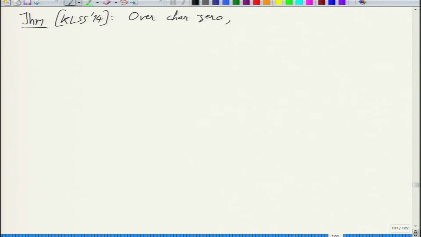So over characteristic 0, the homogeneous sigma pi complexity of the Nisan-Wigderson polynomial with parameters d, d cubed, d by 3, so these are the n, m, k, they are comparable, is d to the omega root d.